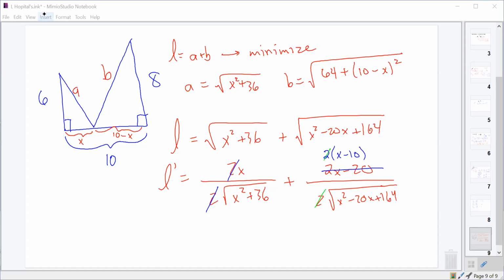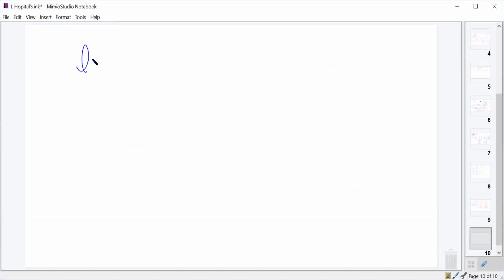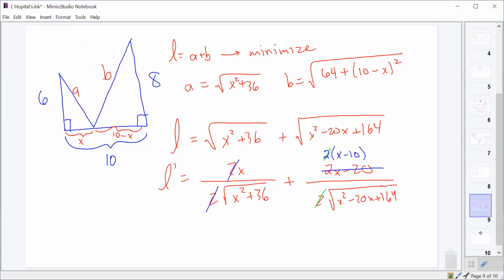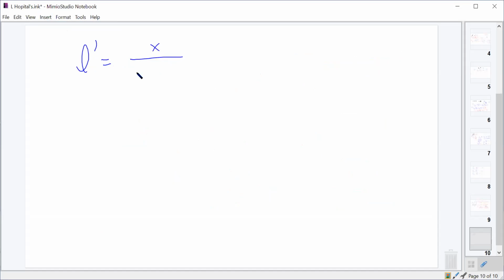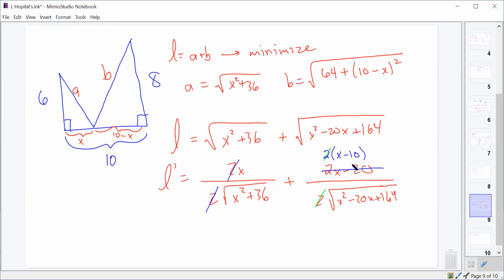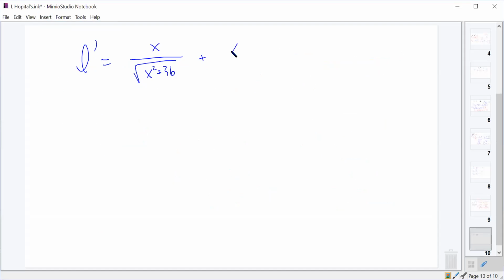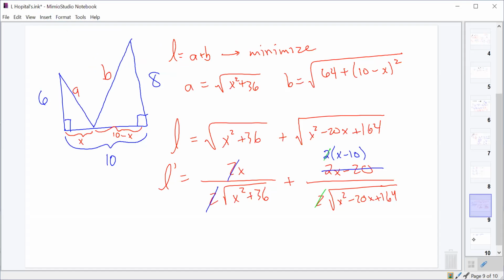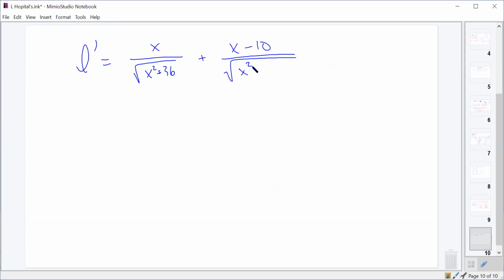Now L prime is equal to x over root x squared plus 36 plus x minus 10 over root x squared minus 20x plus 164.